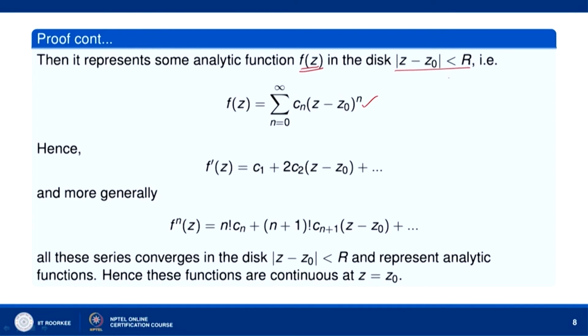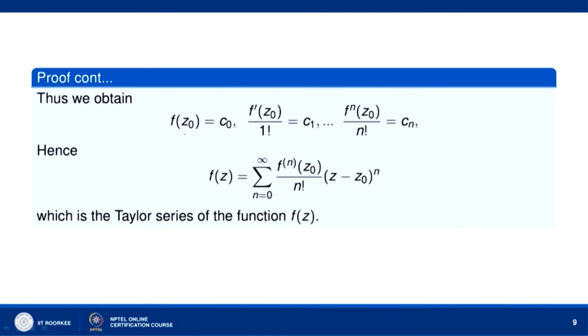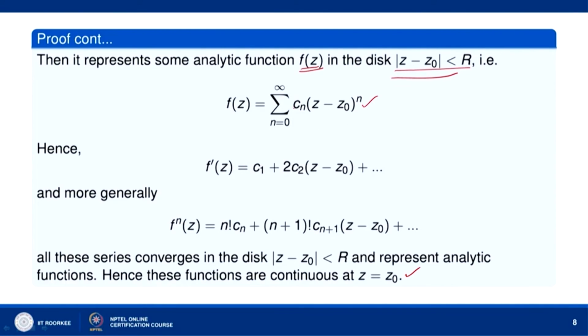That means they all converge in the region mod of z minus z naught less than r and represent analytic functions. Hence, these functions are continuous at z equal to z naught, and therefore f(z naught) will be equal to c naught, f prime z naught will be equal to c 1, and f n (z naught) will be equal to n factorial into c n.